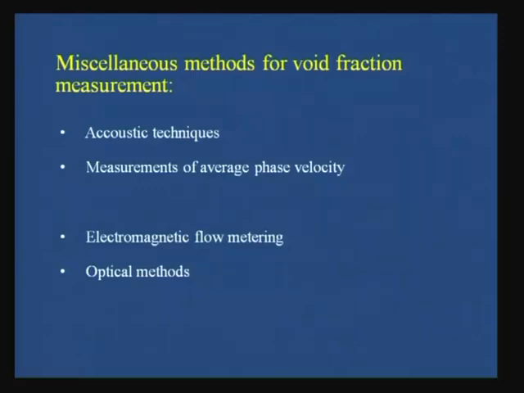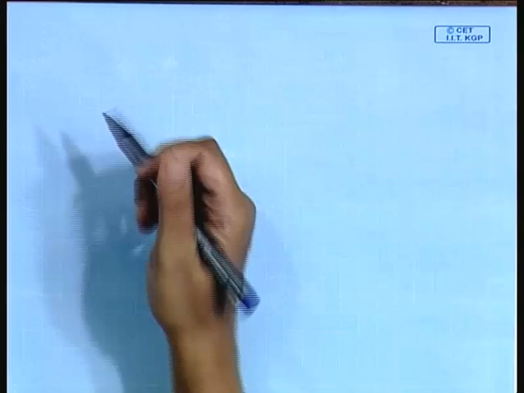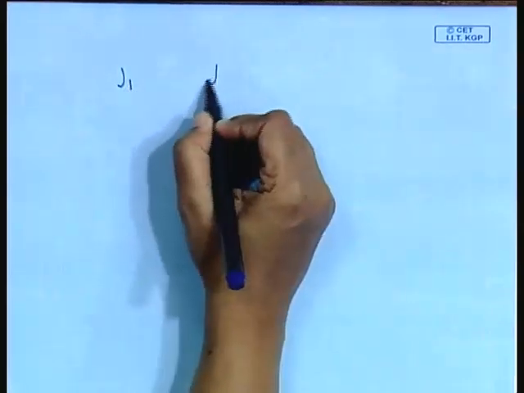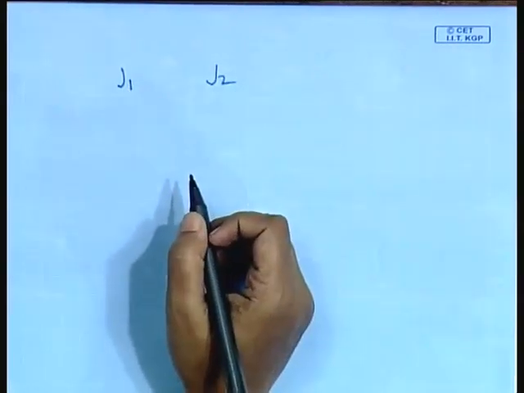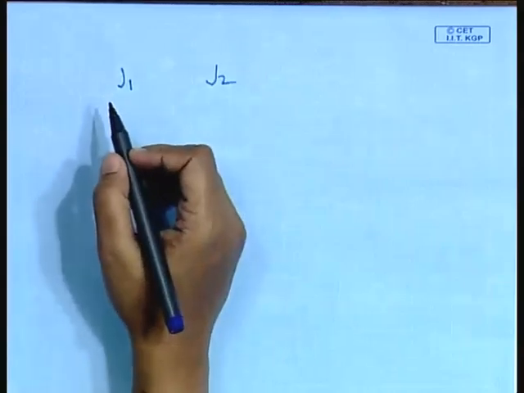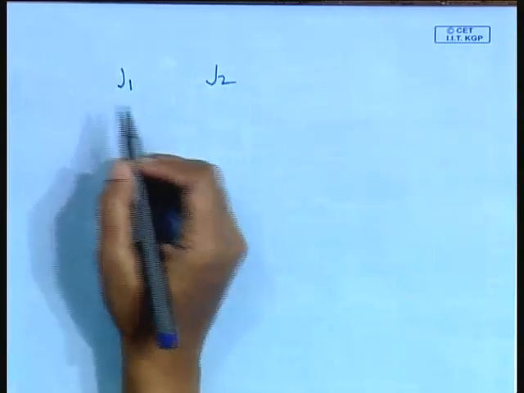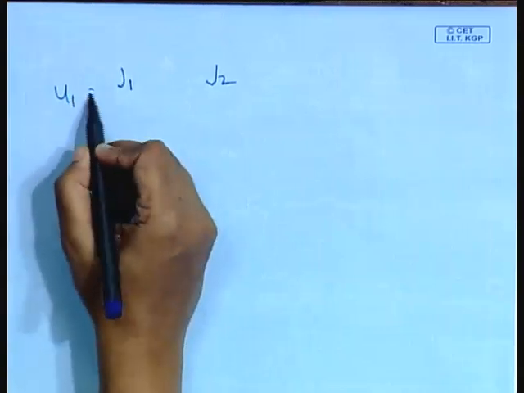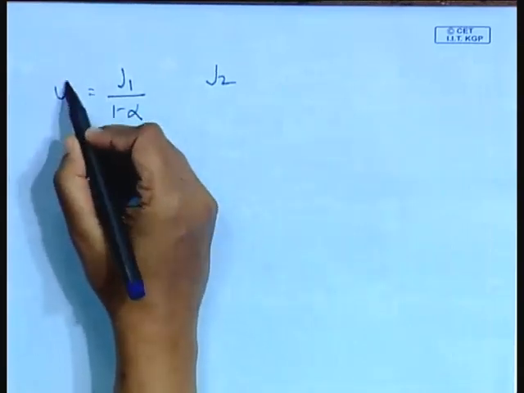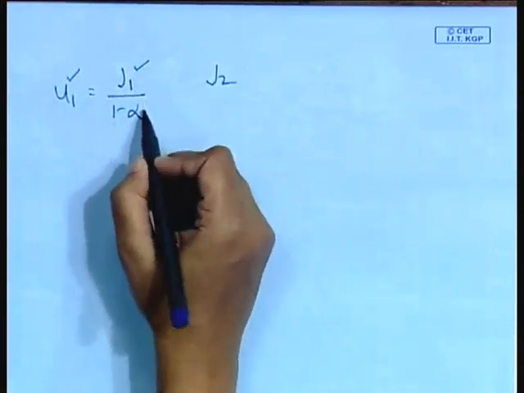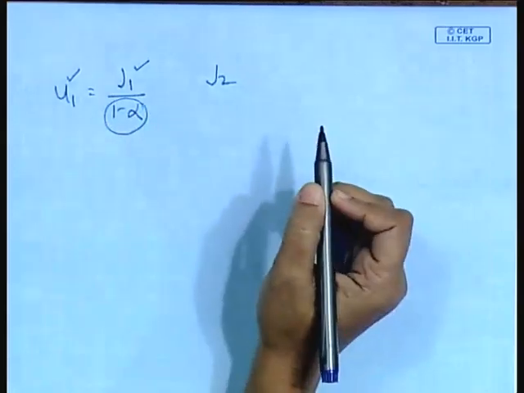This you remember. The other technique is, we can measure the in situ velocity. It is given by J1 and J2. Suppose by any means we can measure the in situ velocity U1, then once we can measure U1, we can find J1, and we can find out 1 minus alpha.